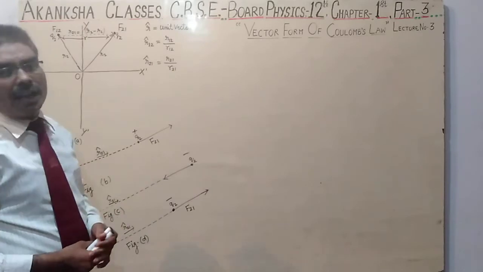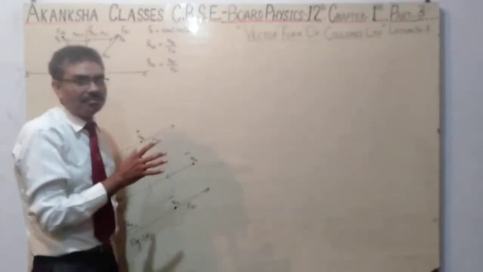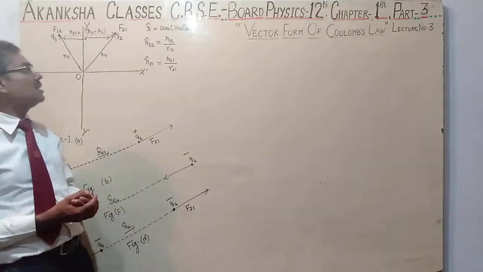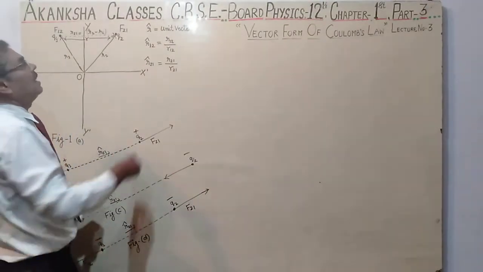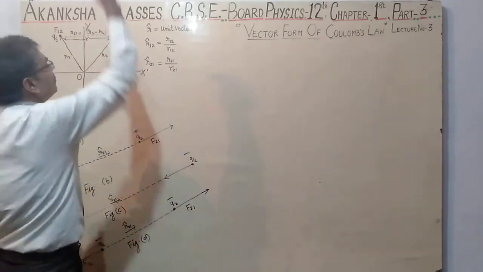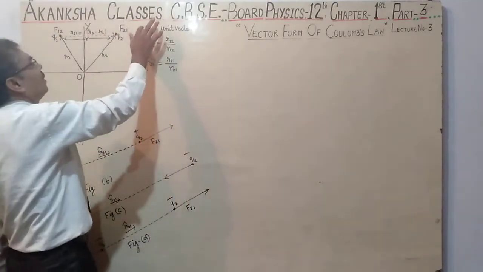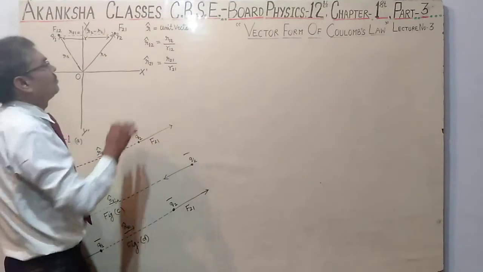Unit vector specifies the direction. Unit vector is used for specifying the direction, and we always write unit vectors as r cap.